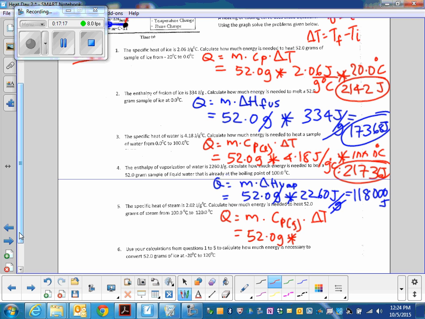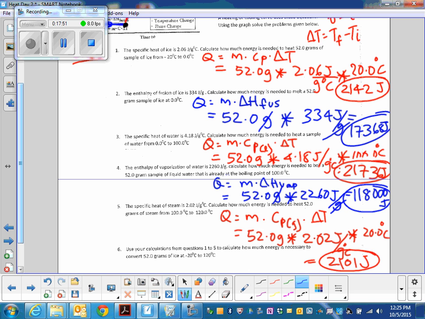My specific heat of the gas is given as 2.02 joules per gram degrees Celsius. What was my final temperature? 120. What was my starting temperature? 100. So 120 minus 100 is 20 degrees Celsius. And what is my answer? 2101 joules. Okay.